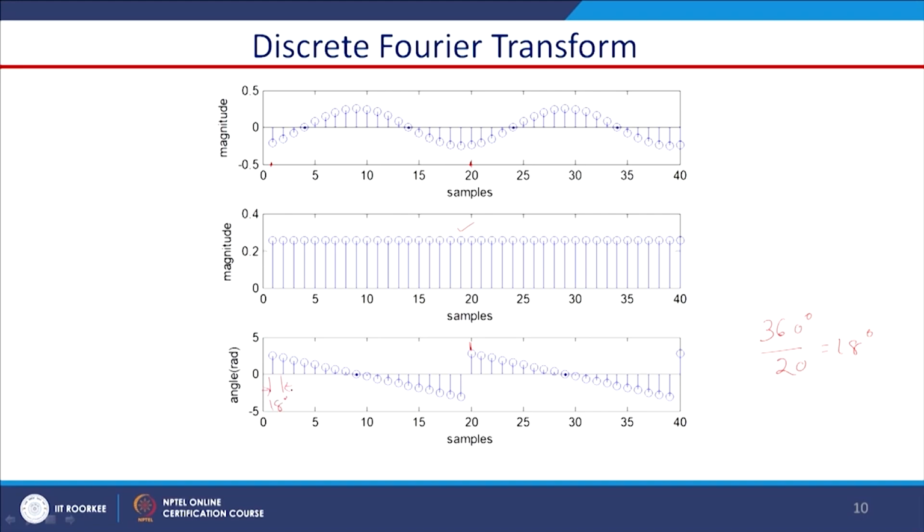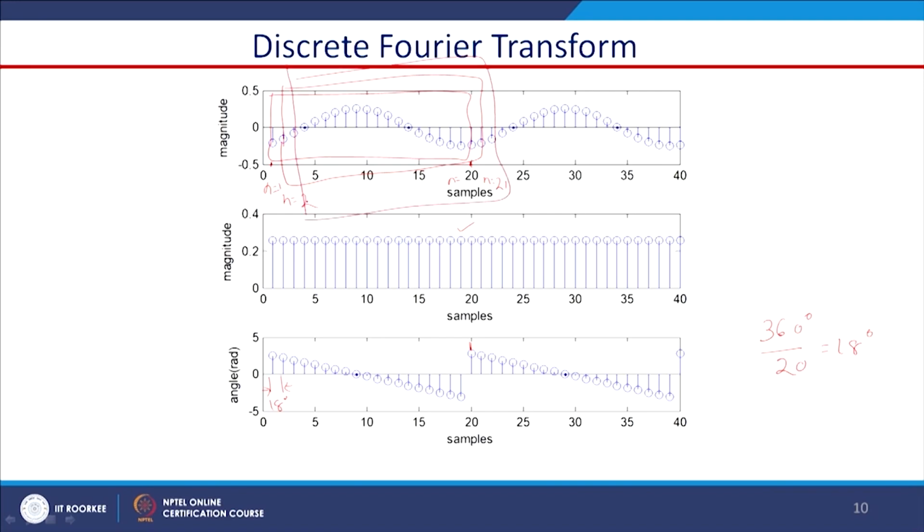If you take a window kind of approach, this is my first window up to the 20th sample, where n goes from 1 to 20. The second window starts from n equal to 2 to n equal to 21, the third window will be like this, and so on.